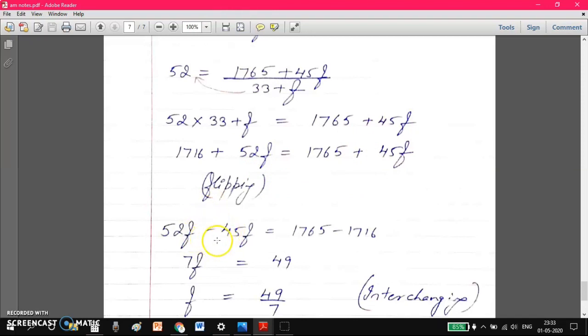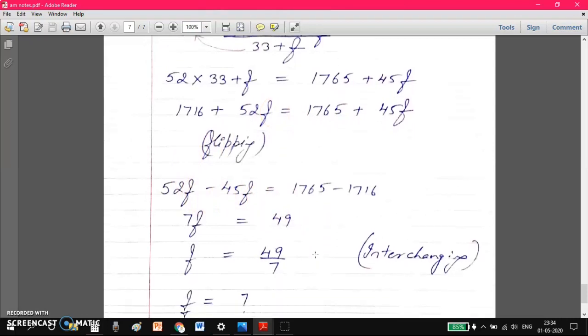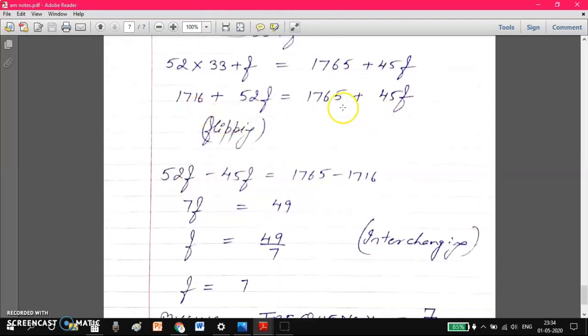So 52f was plus, it will be plus 52, and because 45f changed its position and went to 52's side, even though it was plus, when a number goes to the other side of the equal sign it becomes minus. And so on the other side as well.